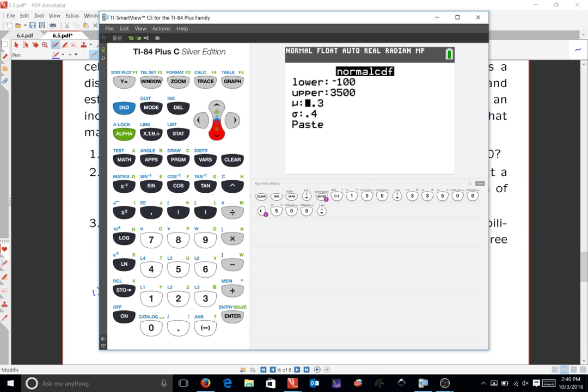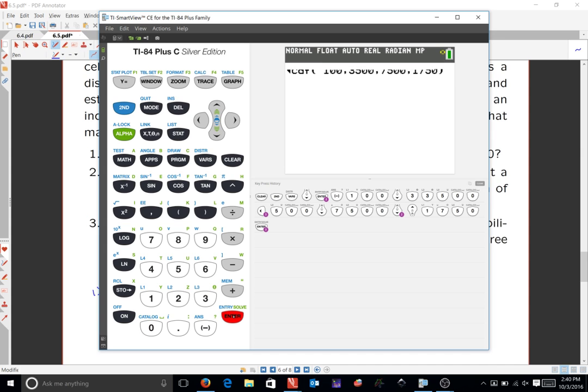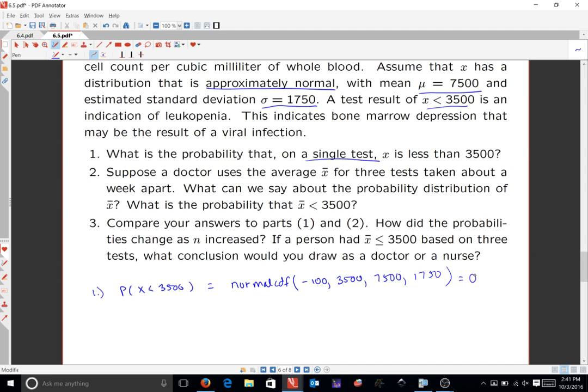The mean was 7,500, and the standard deviation was 1750. So that gives us 0.011 rounded to 3 decimal places. That's about 1.1%. So that doesn't happen very often.